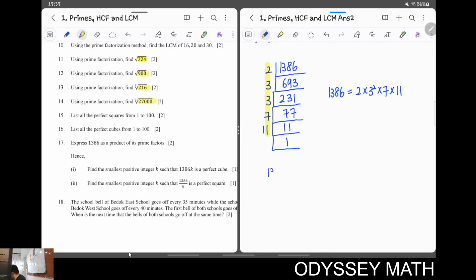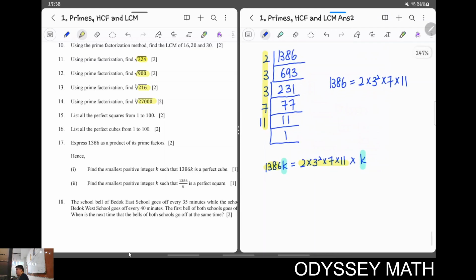So therefore, 1386k is just 2 times 3 squared times 7 times 11 times k. Do recall I just told you this is 1386 times k.